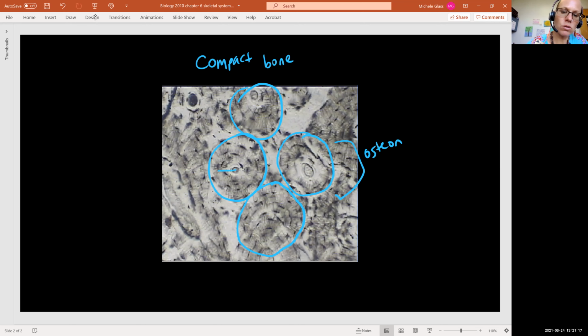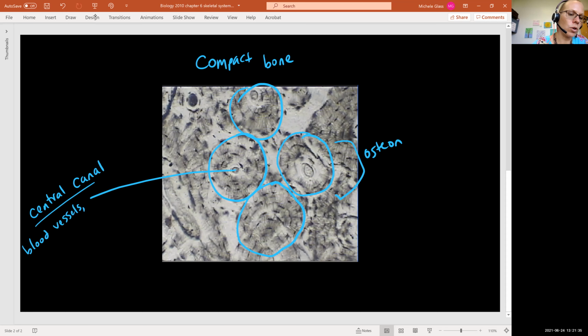At the very center of your osteon, you have what's called the central canal. The central canal is at the very center of your osteon. And this is going to be where you have your blood vessels, your nerves, and remember, lymphatic vessels are usually found everywhere that those blood vessels are found.